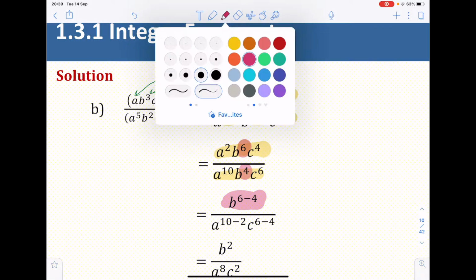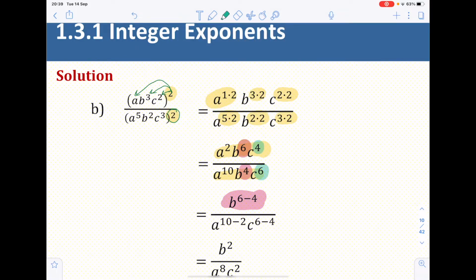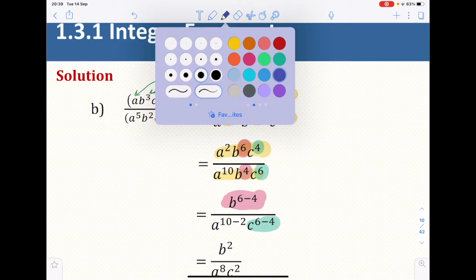And here, since 6 is more than 4, I do the subtraction down, because I don't want to get a negative exponent. Otherwise I have to change its place to get rid of the negative sign in the power.